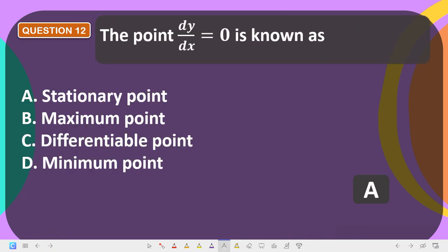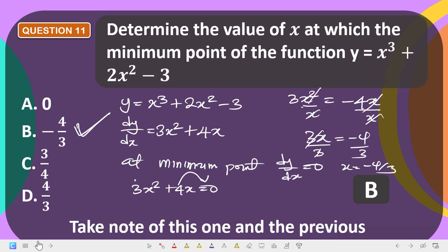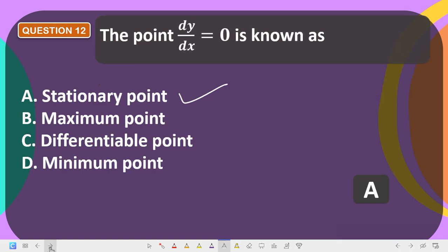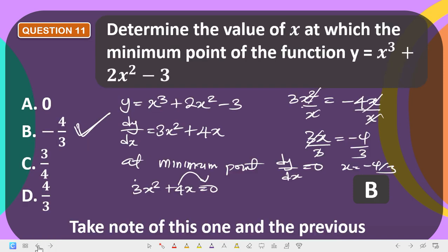So take note. The point at which dy/dx is equal to 0 is called the stationary point. That point is not moving. At a minimum point, dy/dx is 0.